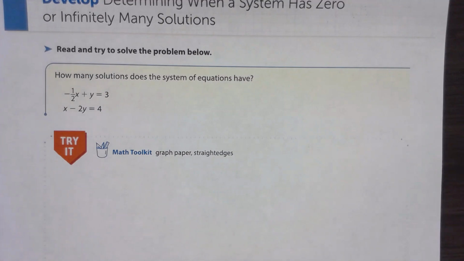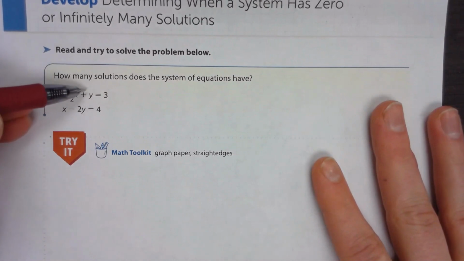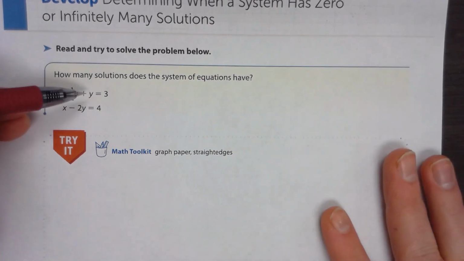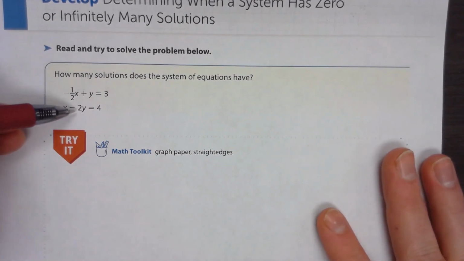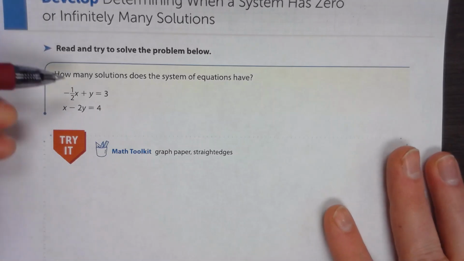So you need to do a little bit of prep work, okay? Now, I see that it would be really easy to solve for y in this equation, but I need to make sure that I get it so y is all by itself. And I see that solving for x here would be really easy as well. So it's kind of like your choice.